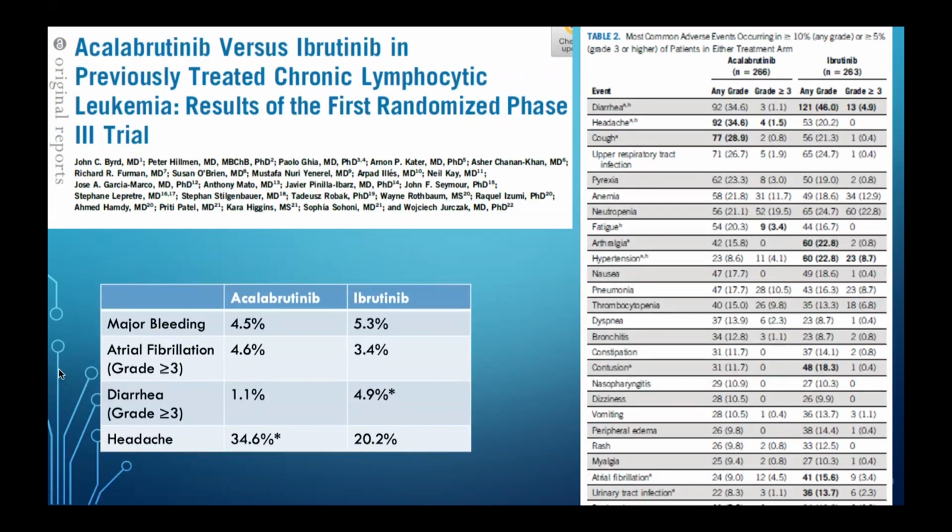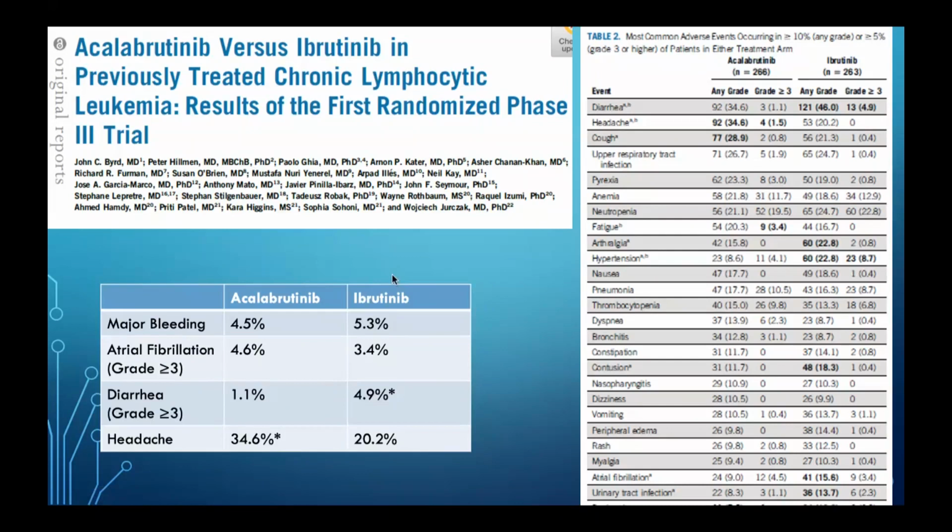It did meet its endpoint of non-inferiority, but I must say I was a little unimpressed with the major bleeding and atrial fibrillation, just based on what we had seen in package inserts and the single-agent trials. I thought that it would be more reduced with acalabrutinib, but I'm a little less than impressed with what we actually see in the atrial fibrillation and bleeding here, which I think it's tough to say that this is really clinically significant.